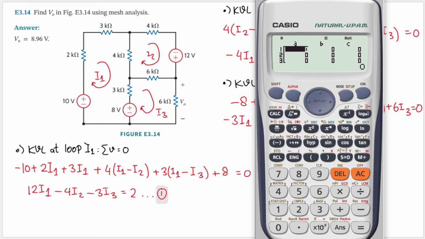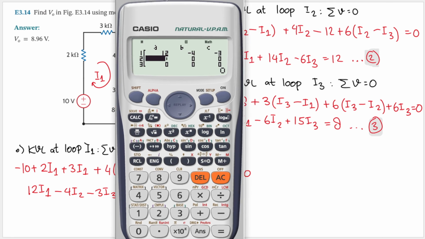Okay, so we'll have the first equation. Let's plug in the coefficients. So we'll have 12, and then minus 4, and then minus 3. Okay, and then the constant term is 2. Good.